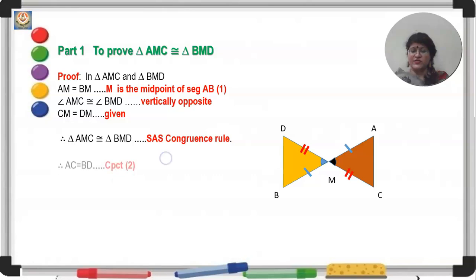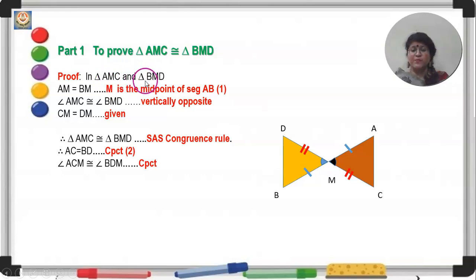What I have taken out here is, I have mentioned AC is congruent to BD because you will require this in one of the proofs, and at the same time angle ACM, that is this angle, is congruent to angle BDM. Look at the corresponding parts.